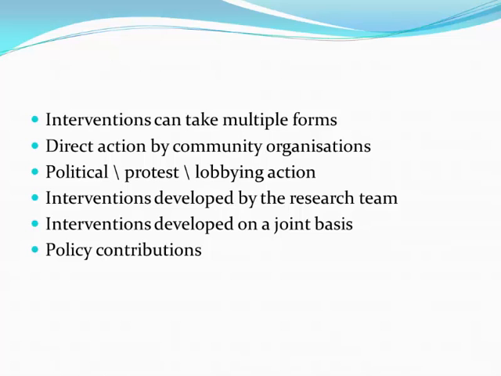Now, interventions can take multiple forms. These can be direct action by community organizations, in the form of protests, lobbying, political action. So the community organizations might have it in their power to make certain changes in the community, and they can make those changes. This is obviously generally the easiest thing to do.